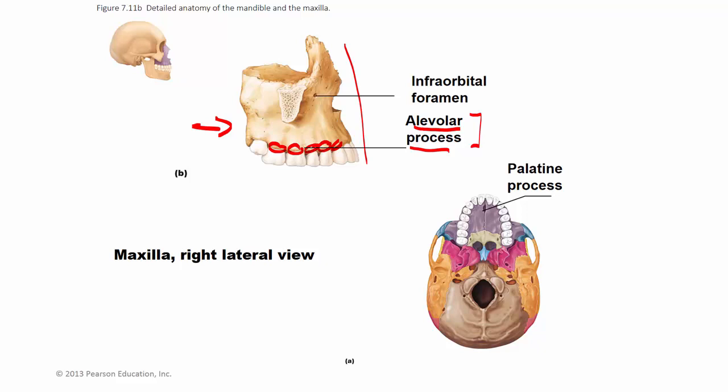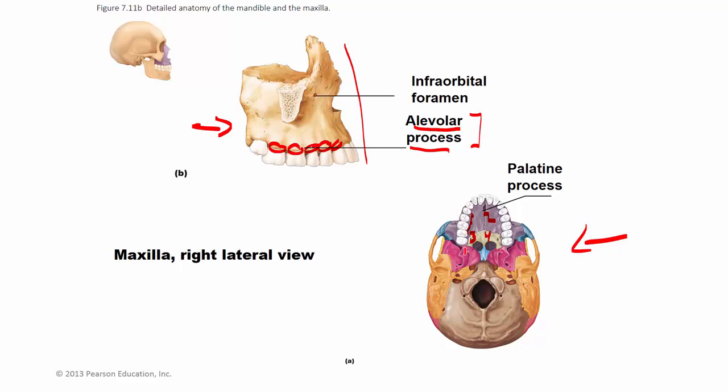Now you also have your palatine process. If you're looking at an inferior view, the top of your mouth, think about where your tongue goes. That's your hard palate, the roof of your mouth. Your hard palate is actually made up of four bones, fused together.